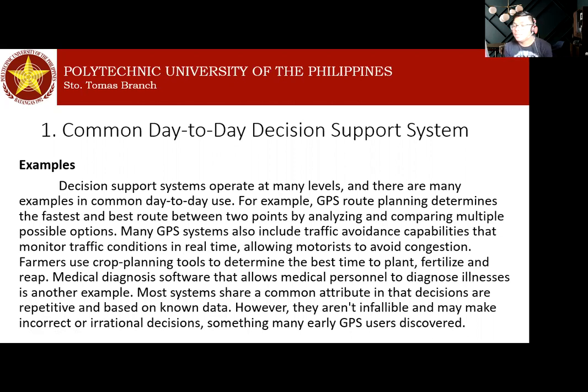So kagaya ng sa GPS, 'di ba, nakakita tayo ng mga memes na kung saan yung isang motorist dinala kung saan siya tinuro ng ways na dumaan. So medyo mahirap ding pagbasihan minsan, pero most of the time naman is nagiging tama naman yung decisions ng ating mga DSS.